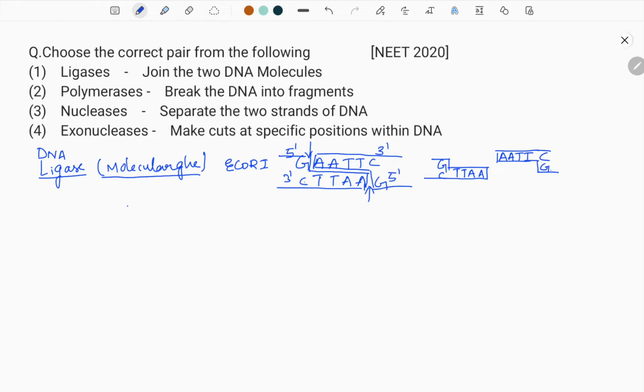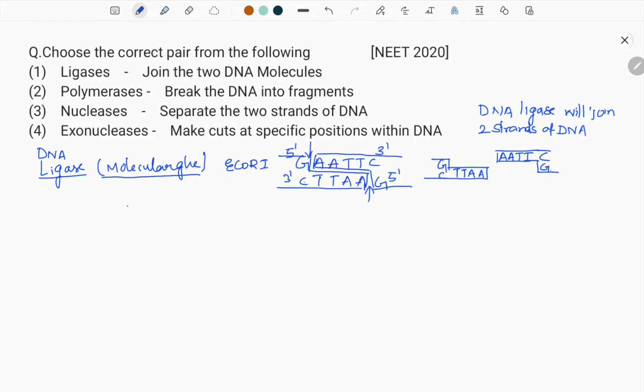So do remember that DNA ligase, which is called molecular glue, will join the two strands of DNA, the two strands that are complementary to each other, or you say the sticky ends of two DNA. Two sticky ends of DNA are readily joined here.